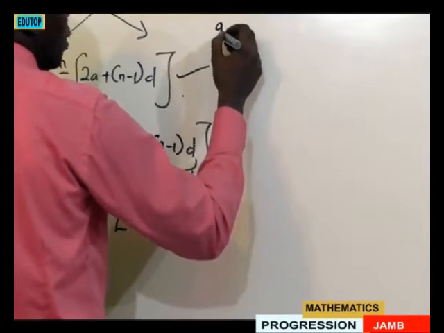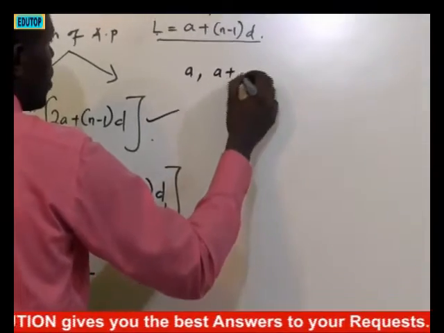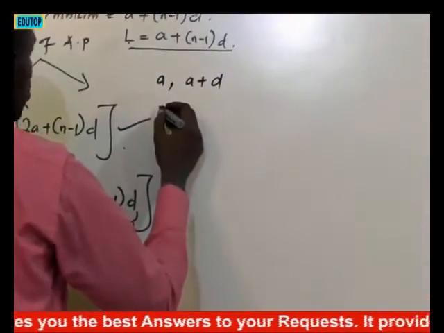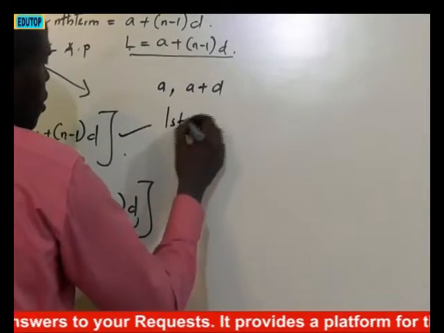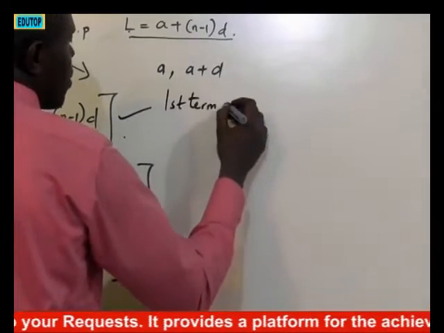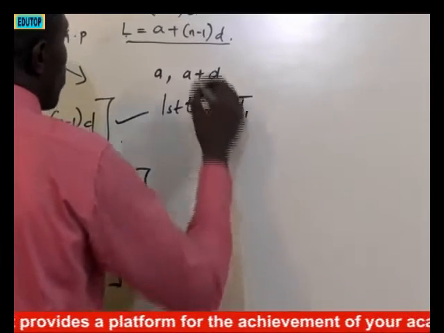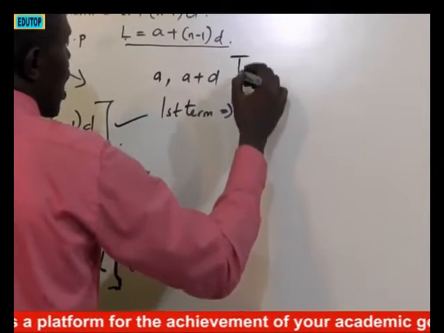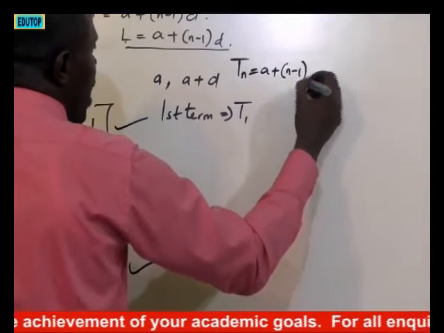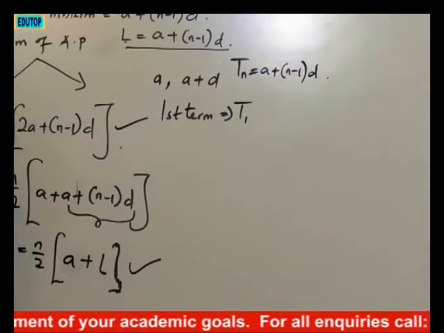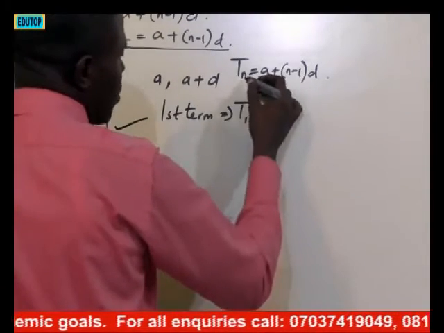Then if the first term is A, the second term will definitely be A plus D based on this trend, because this can be denoted by Tn equals A plus n minus 1 D. If you are saying first term, you are talking about T1, that means your n is 1.